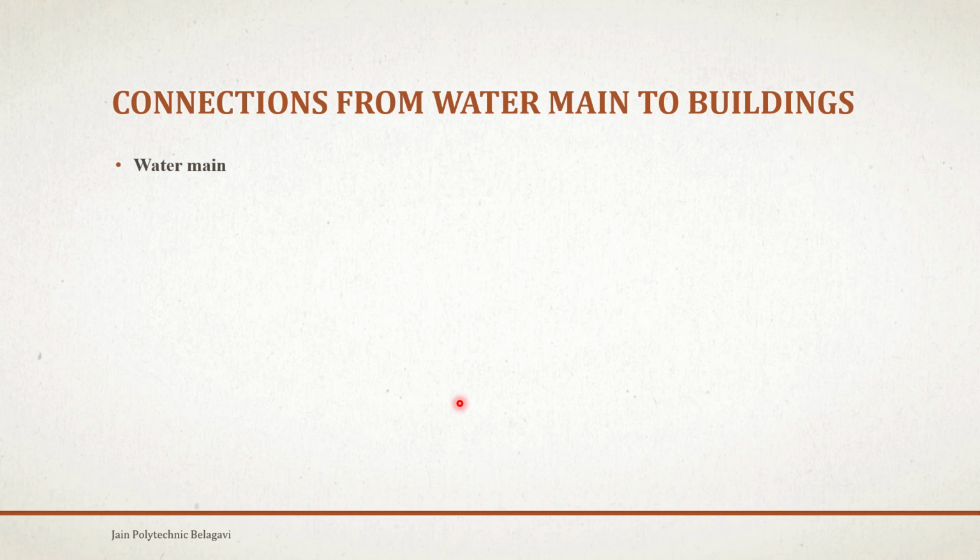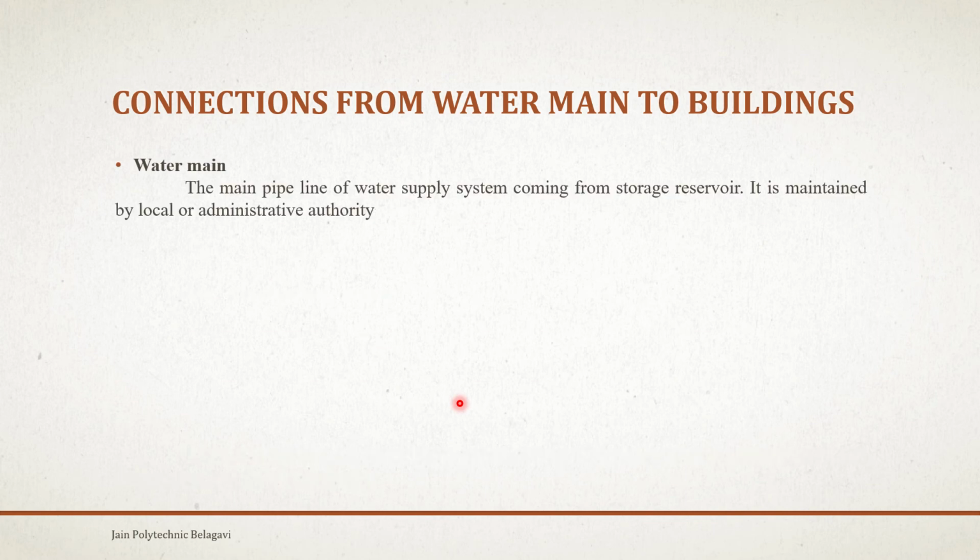Water mains are the pipeline which runs from the treatment plant till the consumer service pipes. It is the main pipeline of the water supply system coming from the storage reservoir, and it is maintained by local or administrative authorities.